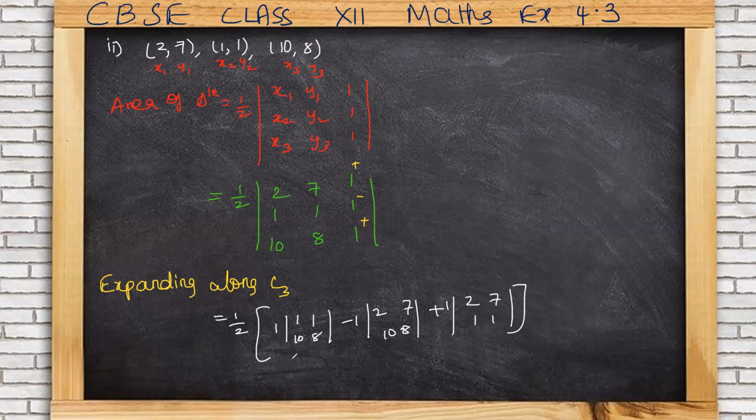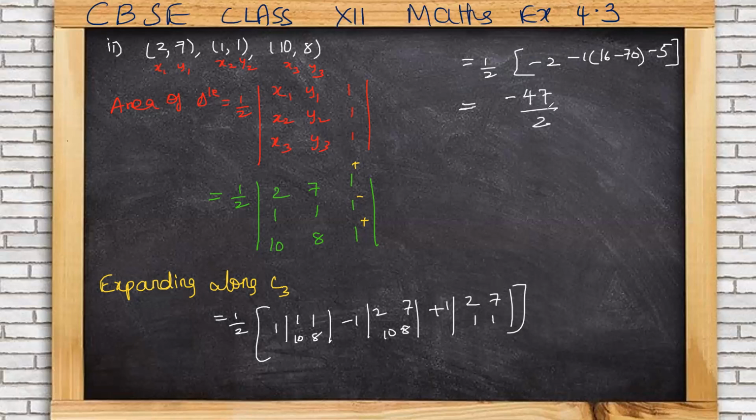So simplifying this, we get half into 1 outside, 8 minus 10 is minus 2. So plus 1 into minus 2 is minus 2. 2 8s are 16, and 16 minus 70, we have minus 1 outside, plus 1 into 2 minus 7, that is plus 1 into minus 5, is minus 5, and we have minus 47 by 2.